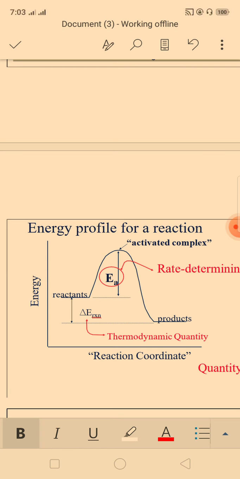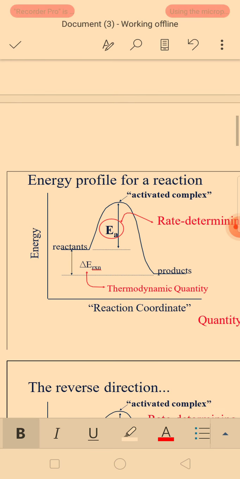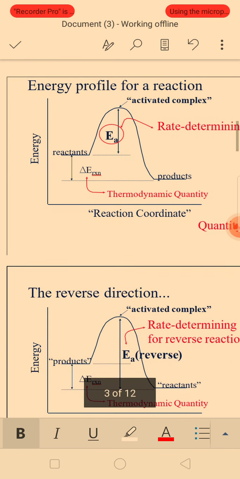Similarly, reaction coordinates, energy graph: again reactants take energy to convert into activation energy, that is also known as the rate determining step, and change to the product as shown in the diagram.